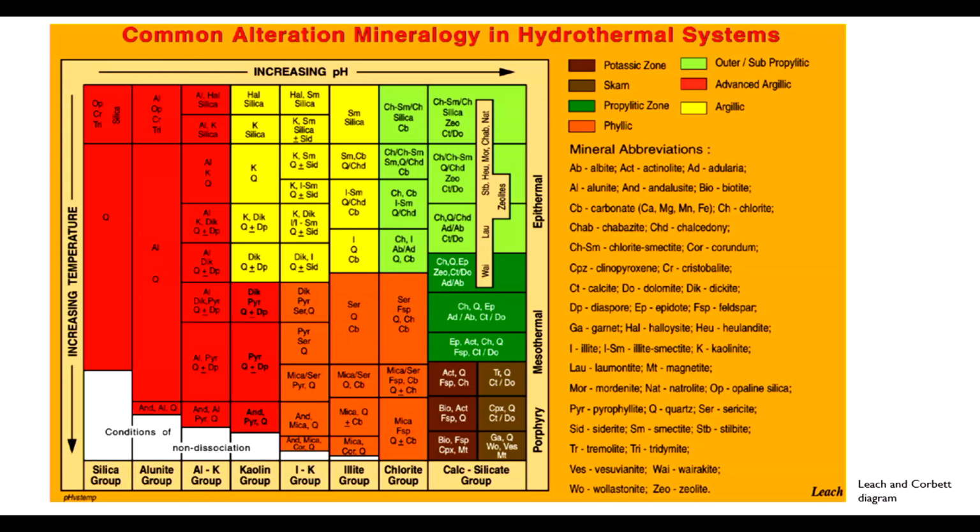It makes a bit more sense when we show some examples, but we have temperature changing on the y-axis, pH changing on the x-axis. The different colours represent different styles of alteration, which we've given fancy names to, but they're not as complicated as it seems. They're usually dominated by a couple of minerals.